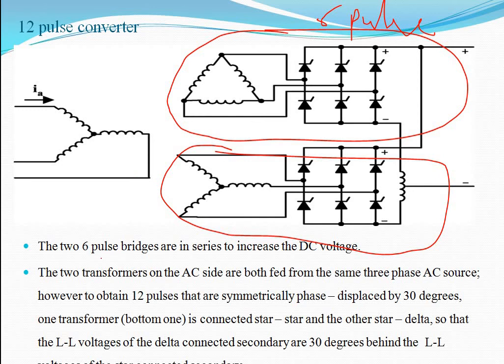The 6 pulse bridges are in series to increase the DC voltage, and the two transformers on the AC side are fed from the same 3-phase AC source. However, to obtain 12 pulse that are symmetrical, the phase is displaced by 30 degrees. So one is connected to star and one is connected to delta.